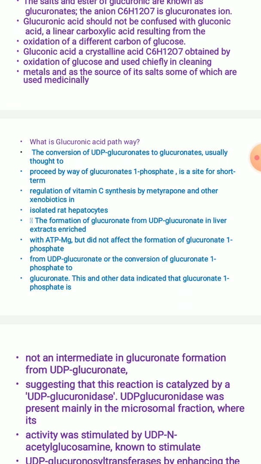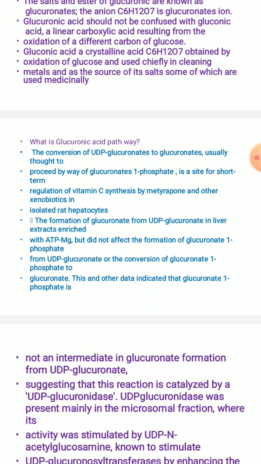Mainly the conversion of UDP glucuronate to glucuronate, usually proceeding by way of the formation of glucuronate 1-phosphate, which is a site for the short-term regulation of vitamin C synthesis, mainly studied with metyrapone and other xenobiotic compounds, that is foreign substances or foreign molecules, which were isolated from rat liver cells, that is hepatocytes.